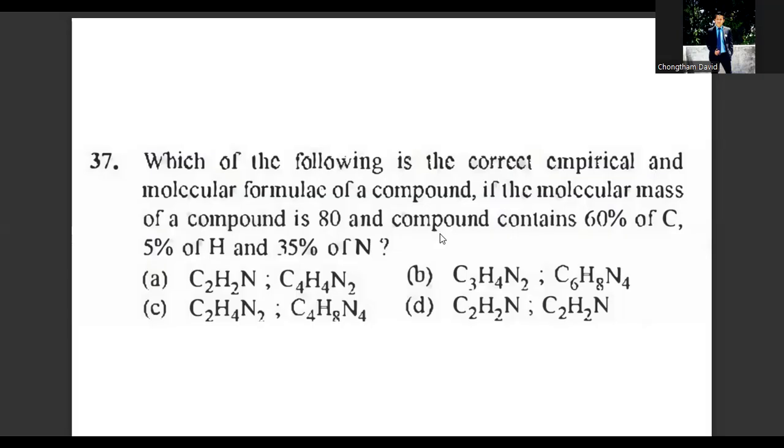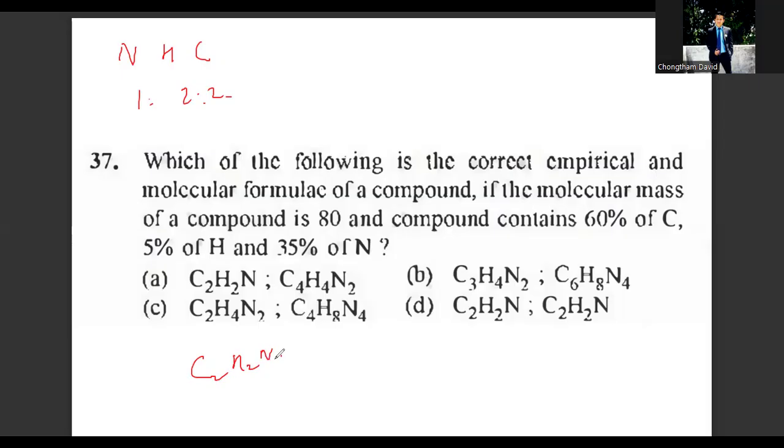Now 2.5 is the smallest value. Division by it gives the ratio. So if this is nitrogen, hydrogen, and carbon, you are getting the ratio 1 is to 2 is to 2. Now if we put this, you'll be getting C2H2N.